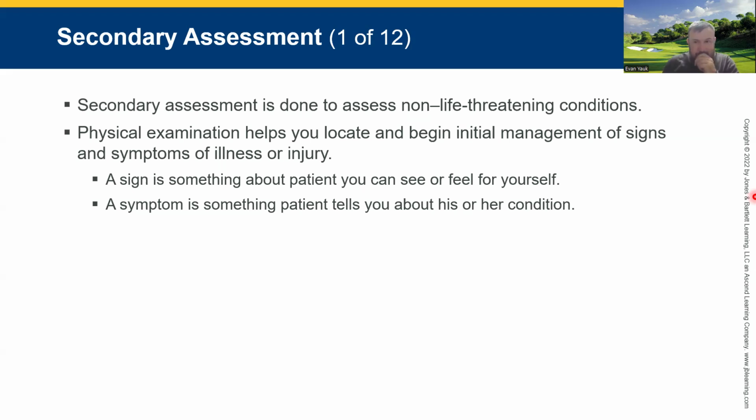Excuse me, sneeze. When we first started and we found the ABCs, we found those life-threatening conditions, so we've already fixed them. So our secondary assessment is done to fix all the other stuff. And that can even be like broken bones. I mean, it's not just putting Band-Aids on things, but it's stuff that's not going to kill that person.